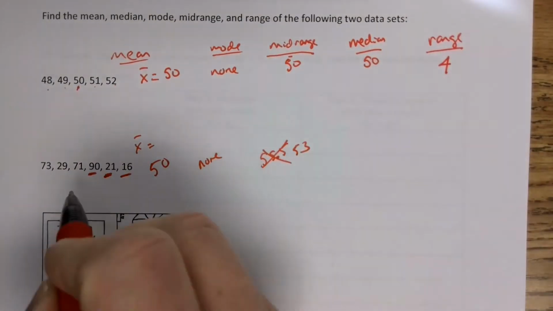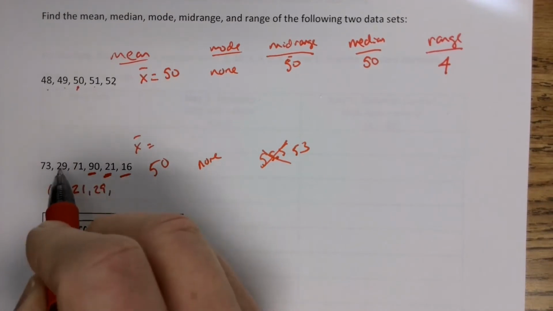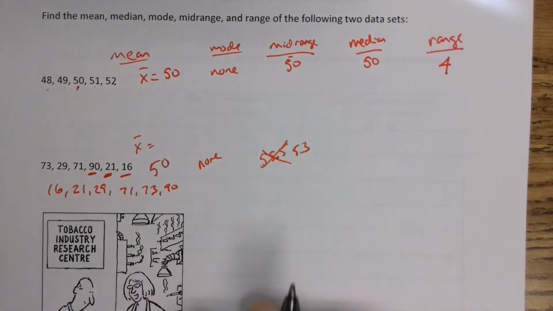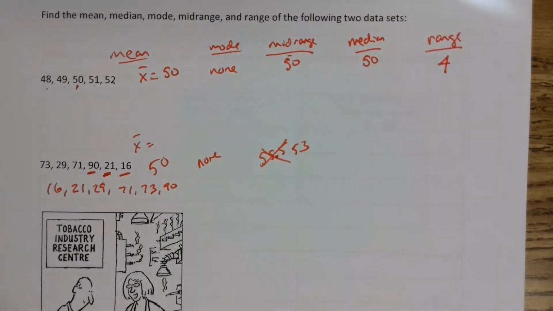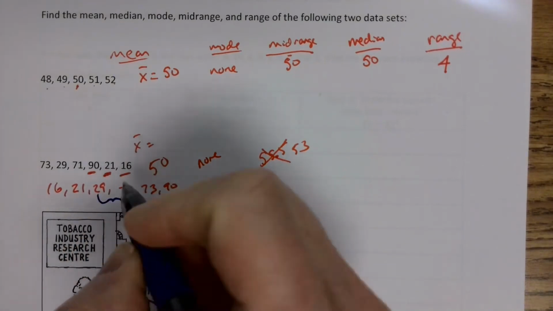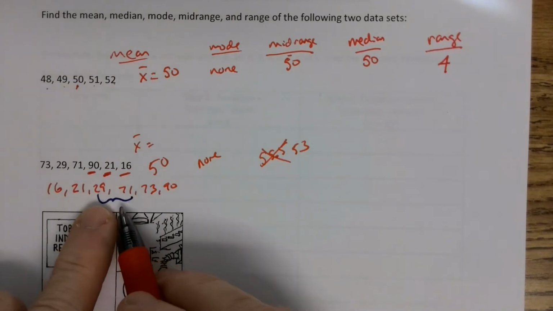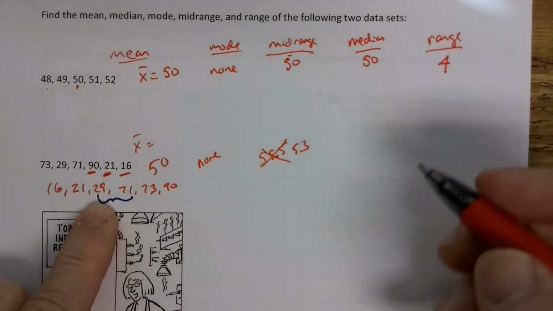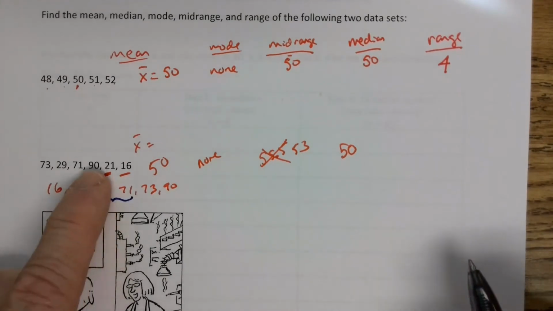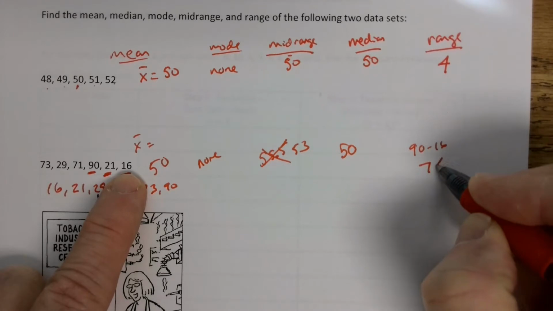Okay, so if I put these in order, 16, 21, 29, 71, 73, 90, the median is the average of the middle two, which is 29 plus 71 is 100, divided by 2 is 50. And the range is 90 minus 16, which is 74.